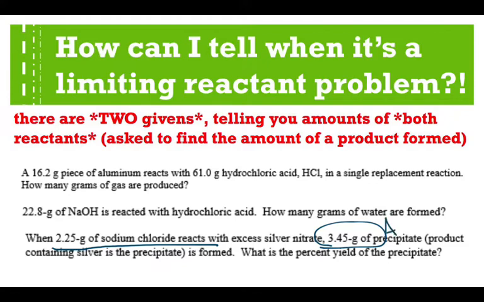This is our actual yield, which we will need to find our percent yield. Also, percent yield questions have to ask you to find the percent yield in them, so they kind of label themselves. So there shouldn't be any huge confusion about them. There's never going to be any problems that are limiting reactant and percent yield problems at the same time. You're always going to have some very separate pieces given to you, very separate information. So these are the only 3 types of problems we're going to be working out this unit.